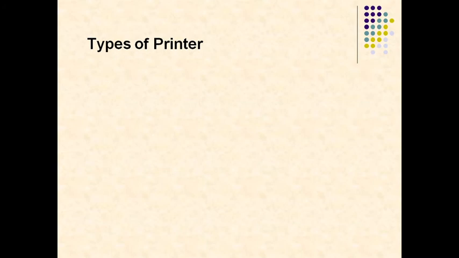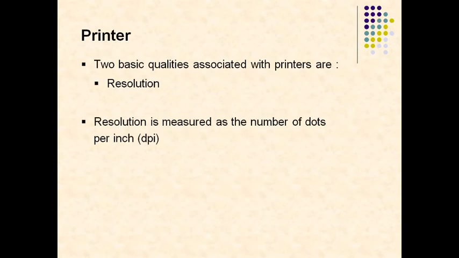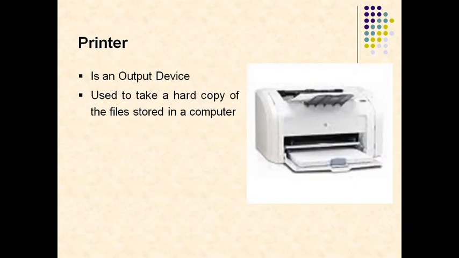Now let us proceed to the next topic: what are the types of printers. We have already seen that a printer is an output device used to take a hard copy of files stored in a computer.